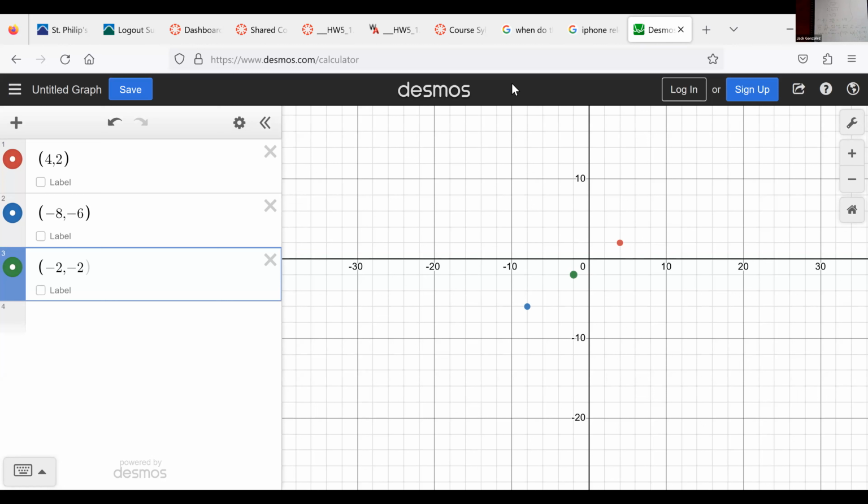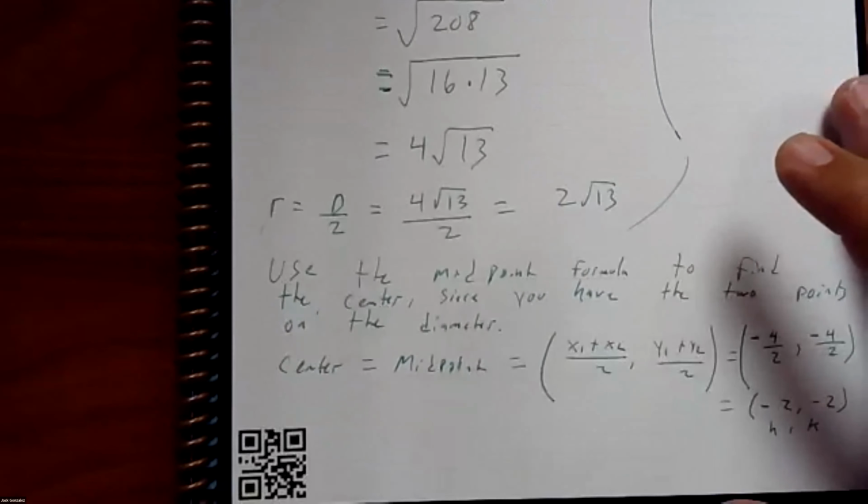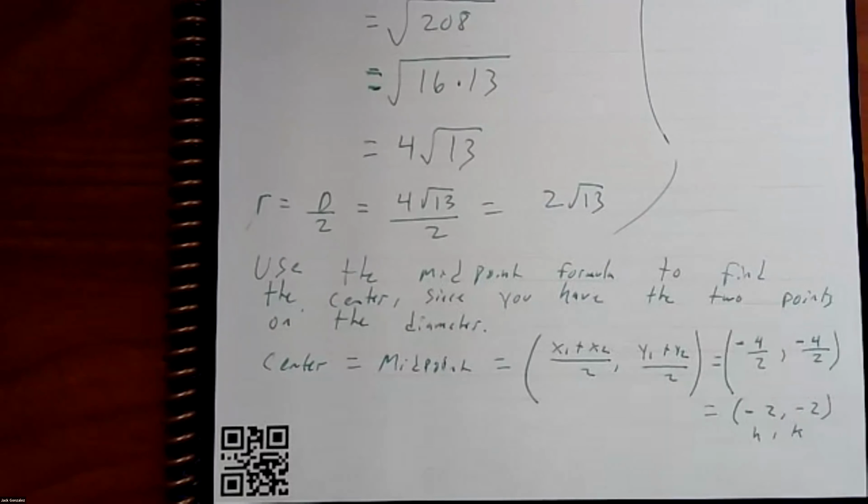So if our circle goes around these red and blue points, the center will be here. So that's HK. Does that make sense? Why we did that?